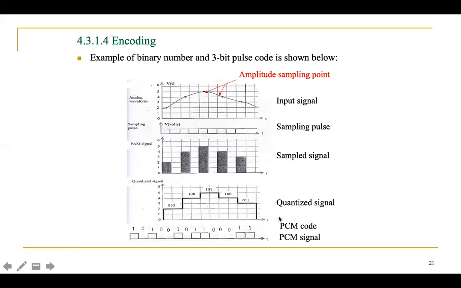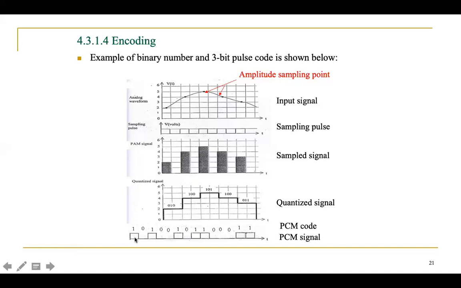Then lastly, it is converted to the PCM code. So how to write it? Basically, this is 010 100 101 100 011. Since the value in front is 0, you can ignore the 0 here.